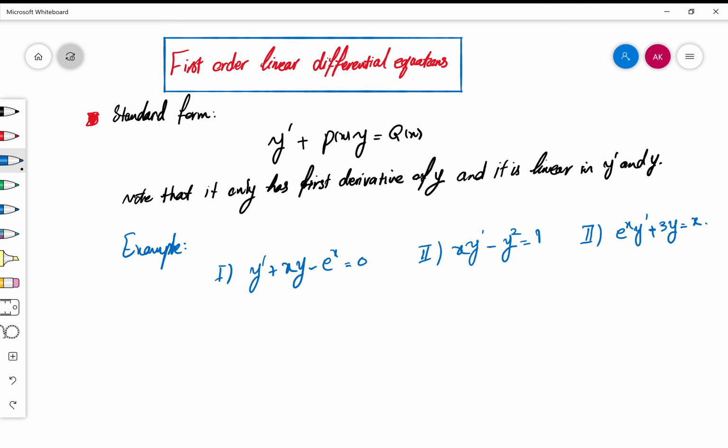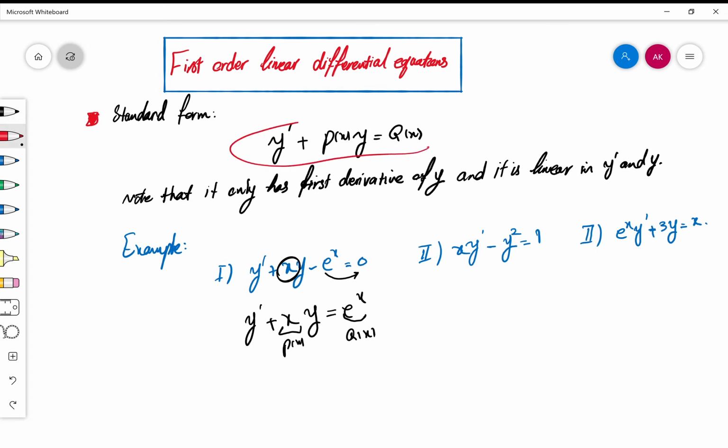So the first one, if you look at it, I can write it as y prime plus a function in x times y equals, I can take this to the other side, and that's the one. In other words, this is p(x) here, this is q(x), so I can write it in the standard form, and that means that this is a first order linear differential equation.